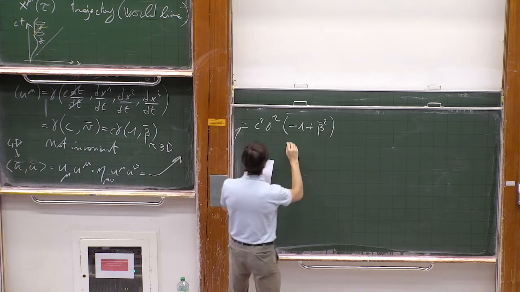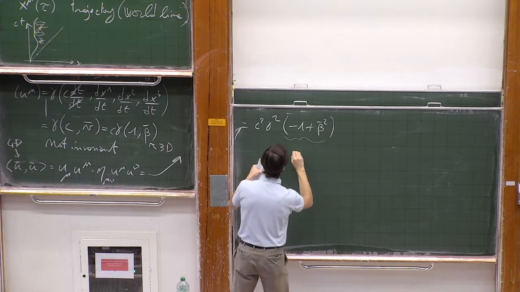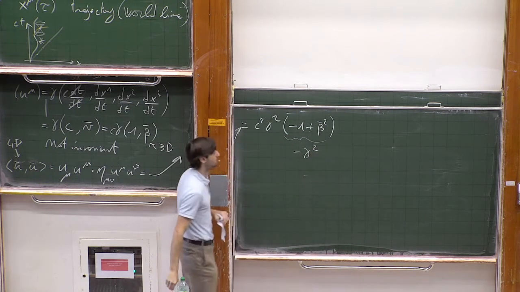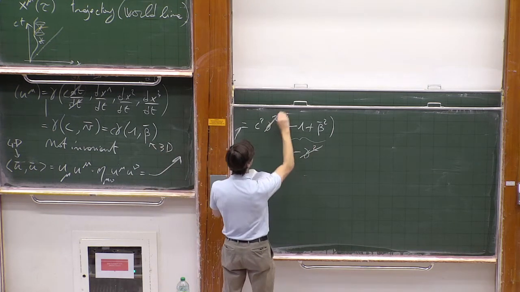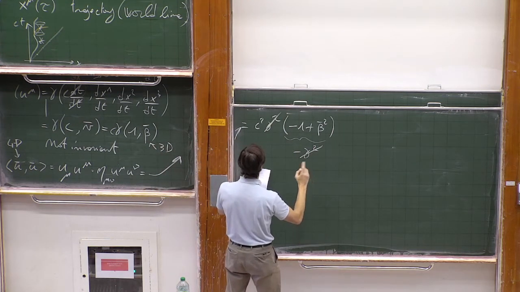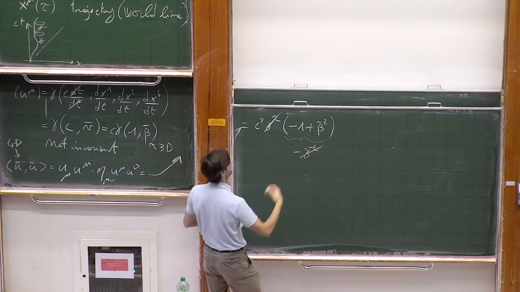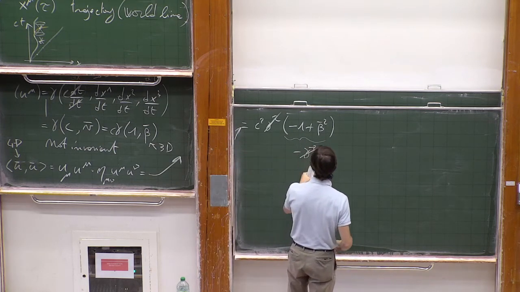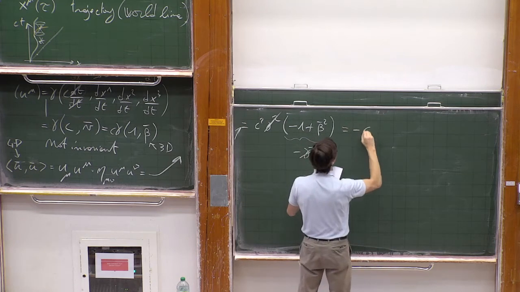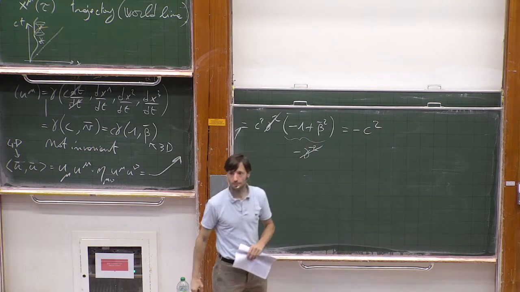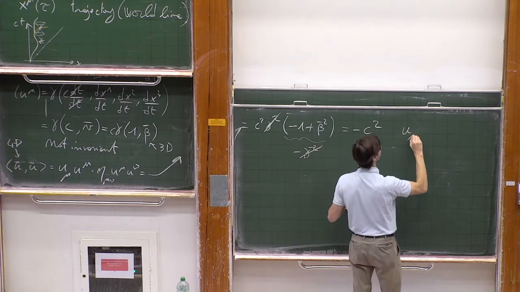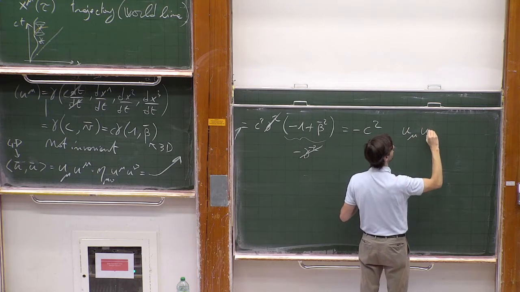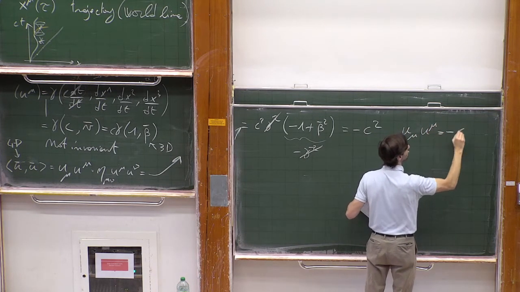So that's equal to what? This is equal to minus gamma squared times (1 minus beta squared), which is equal to minus c squared. So u mu u mu is equal to minus c squared.